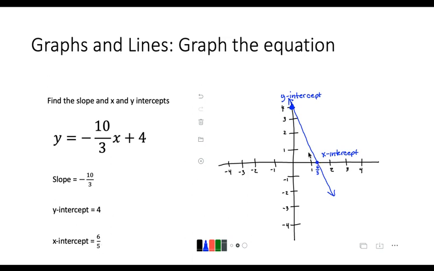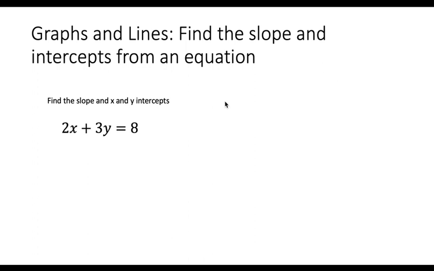So it's right here. And the y-intercept is at 4, and then we just simply connect those dots. Get in the habit of graphing lines this way, okay? Not using the slope, but using the intercepts, because it's going to help you later when we're doing our linear programming.